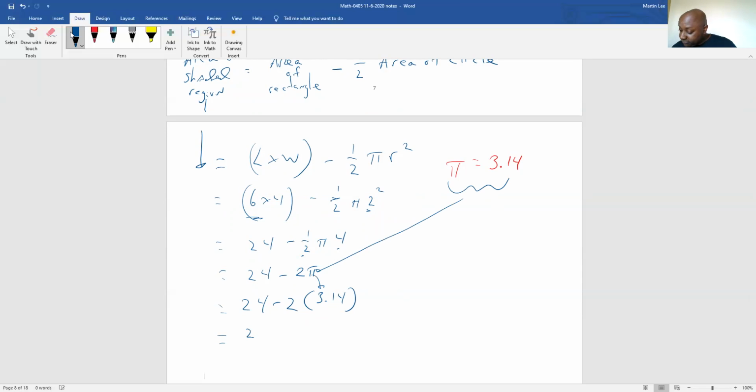So now this equals 24 minus 6.28. And 24 minus 6.28 is 17.72. And that is the area of the shaded region.